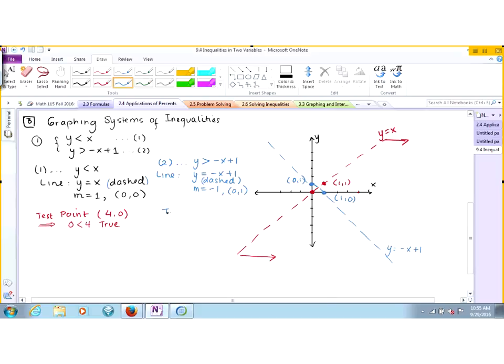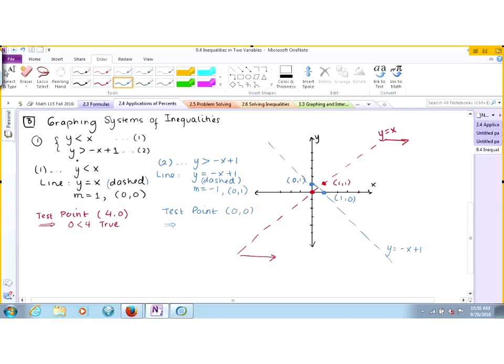Now, I need to choose a test point for my blue line. 0, 0? Okay. Good. 0, 0 is not on the blue line, right? 0, 0 is on the red line, but not on the blue line.